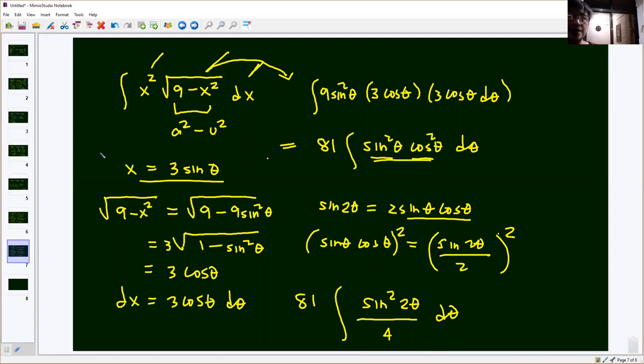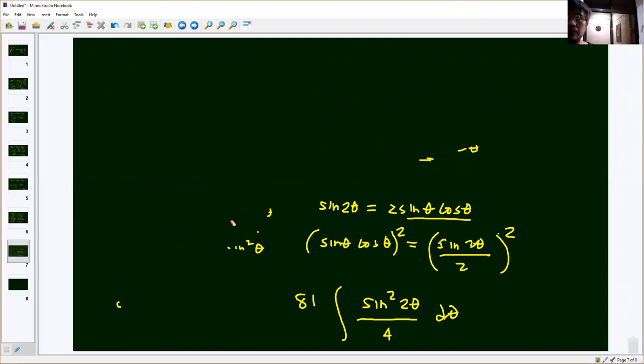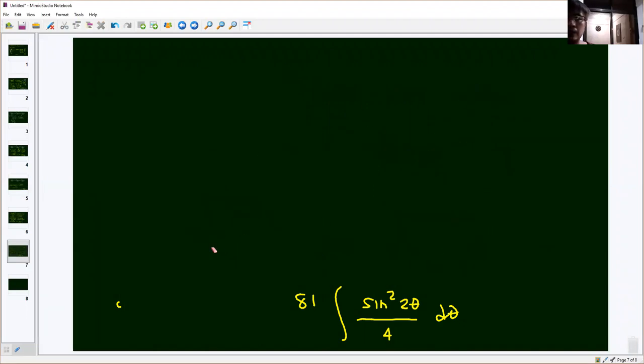Then erase na natin yung ibang parts. So, ayusin natin, that will be 81 over 4 integral sine squared 2 theta d theta. Now, meron tayong identity na may mga square, na naka-square.